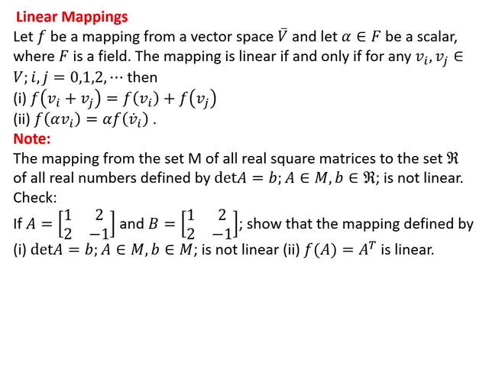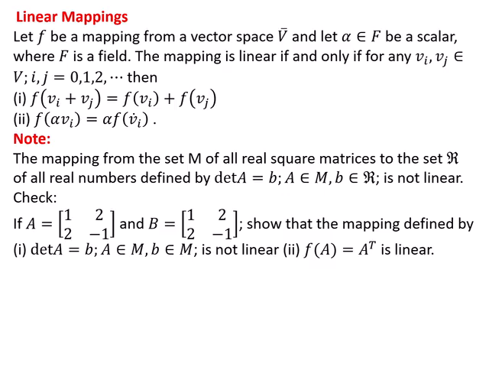How do we find that out? Using the two conditions for a mapping to be linear, which must both be satisfied, we want to establish this through these two conditions.